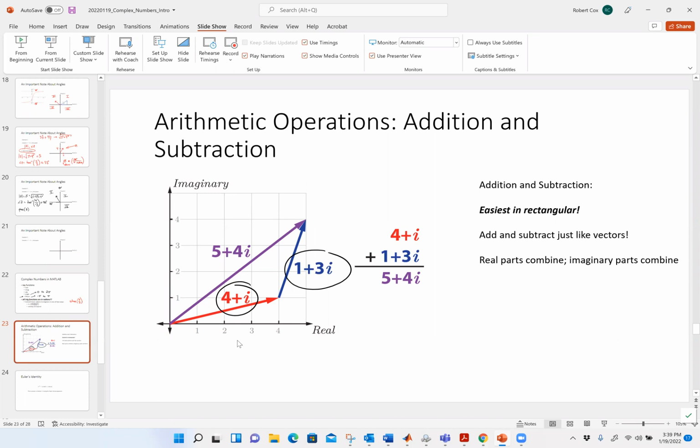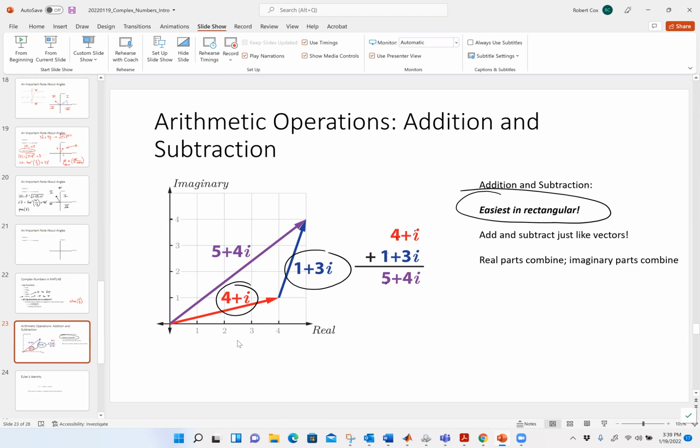If I want to add those together, I just add the real parts and add the imaginary parts, right? So 4 plus 1 is 5, 1 plus 3 is 4, and that becomes 5 plus 4j. So I can do these calculations very easily in rectangular form.